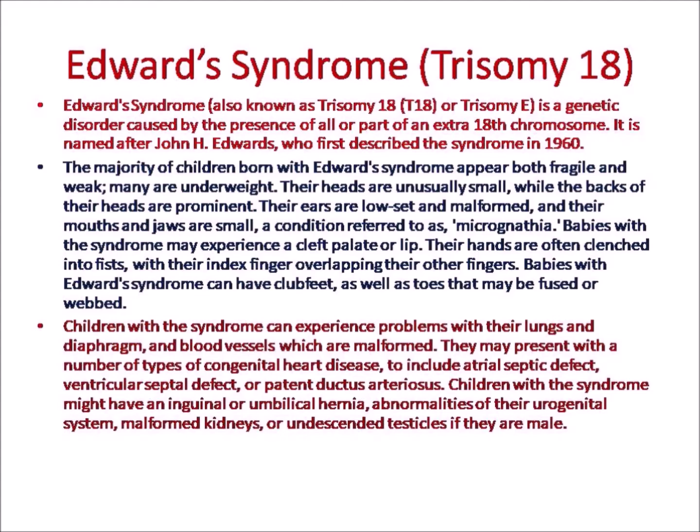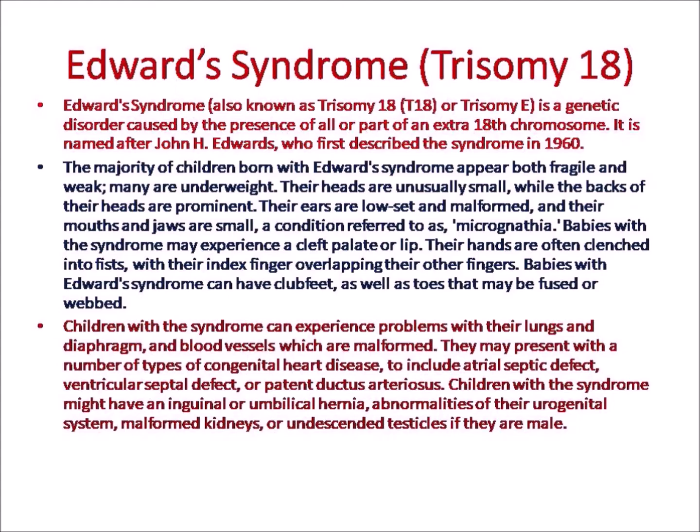Micrognathia. Babies with the syndrome may experience a cleft palate or lip. Their hands are often clenched into fists with the index finger overlapping the other fingers. Babies with Edwards syndrome can have club feet as well as toes that may be fused or webbed. Children with the syndrome can experience problems with their lungs, diaphragm and malformed blood vessels.